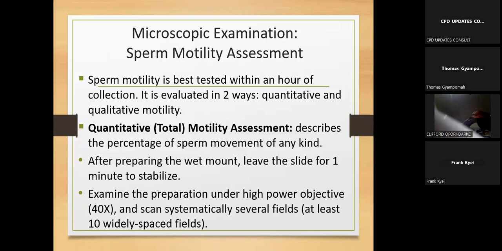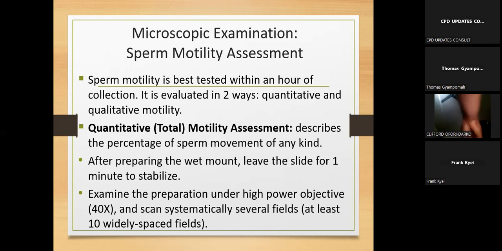What it means is that we must go to at least 10 fields, and the 10 fields should be widely spaced. That means you move the slide to a far place and look at that field, move to another place, and then to another field, and get an idea about the number of sperm movement within the 10 fields.